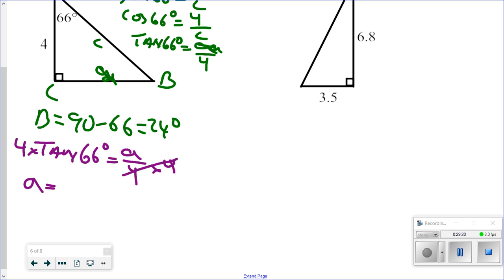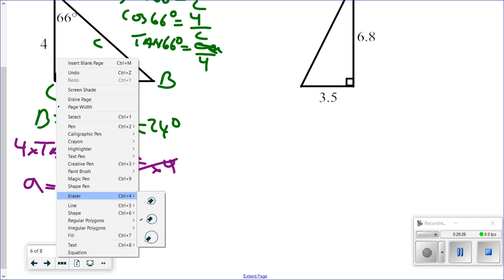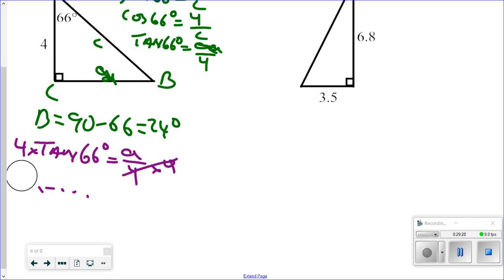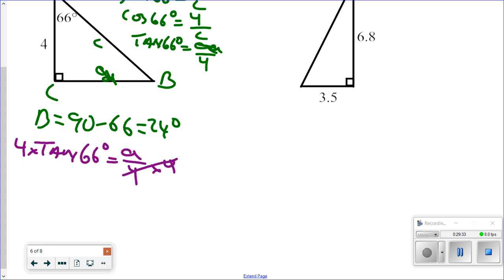So these cancel here, and I'm just switching sides. A equals 4 times the tangent of 66 degrees.